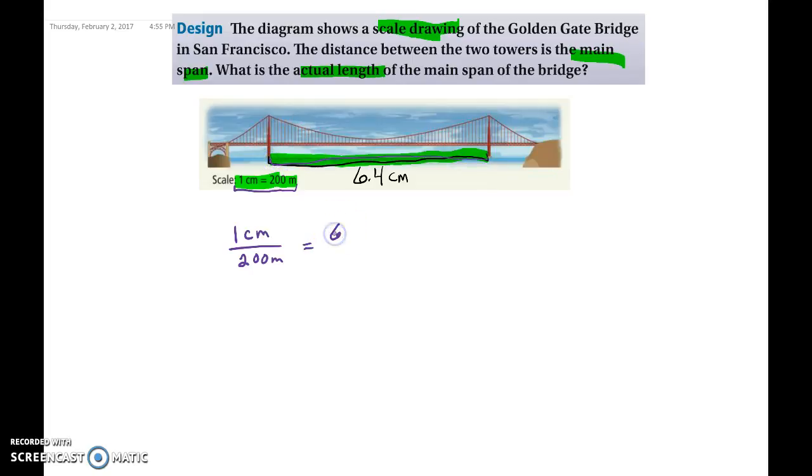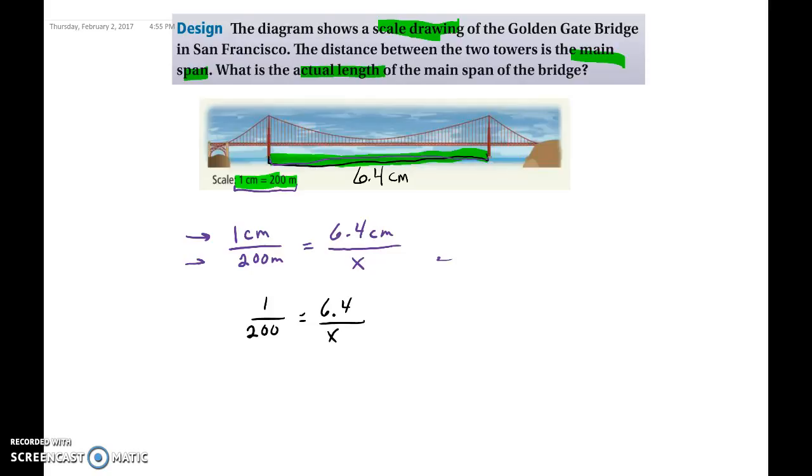Since my scale was in my numerator last time, our scale needs to go in our numerator this time. And we want to find the actual length. We don't know what that is, so we can denote it by any variable, let's say x. Let's rewrite it without the units. So 1 over 200 is equal to 6.4 over x.